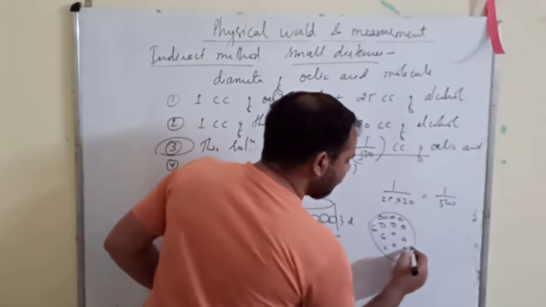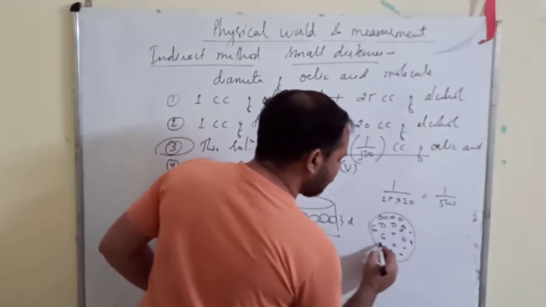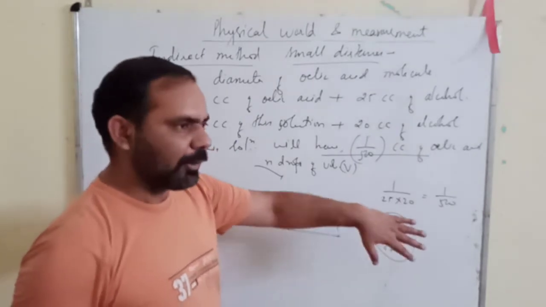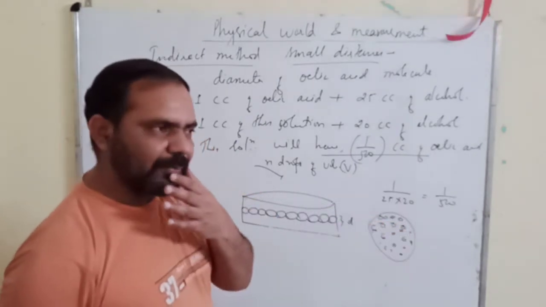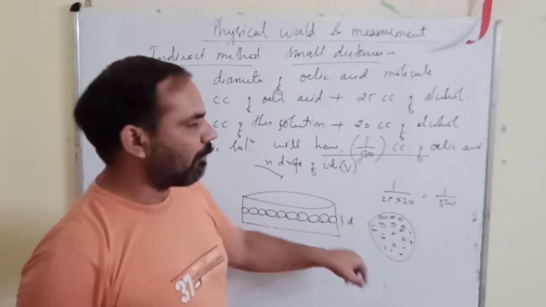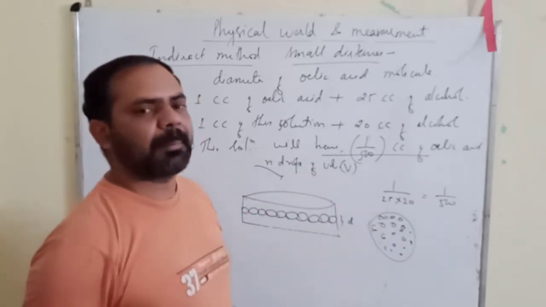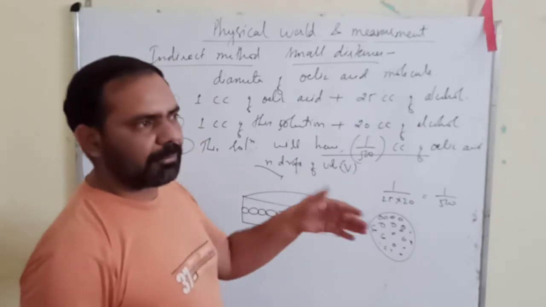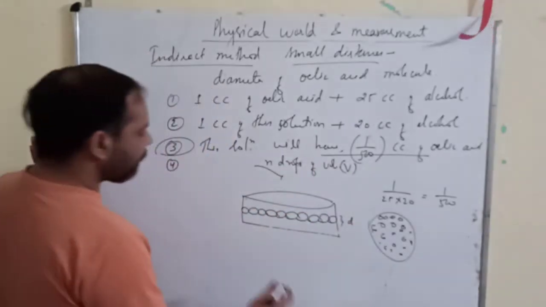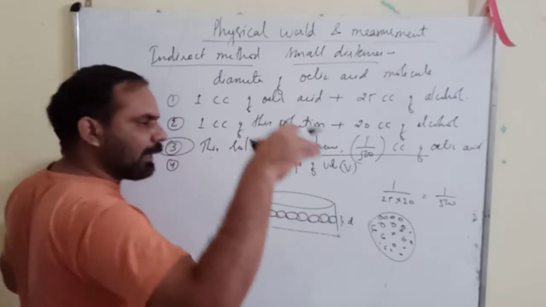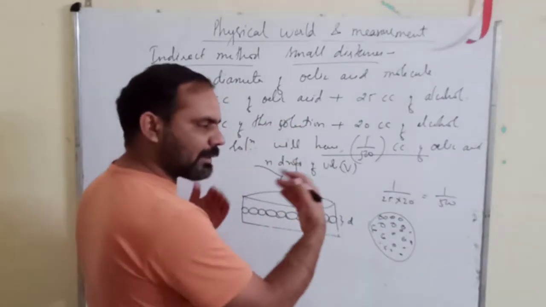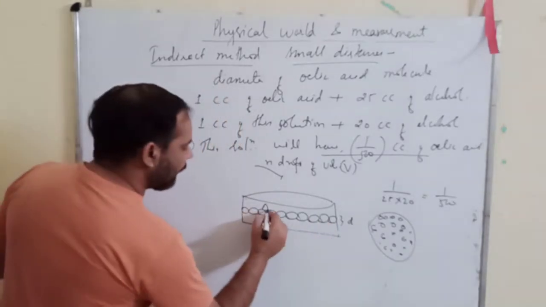You can easily find the surface area by the formula pi r square, or if it is rectangular, L into B, or if square, A square. So you find the area of the surface.